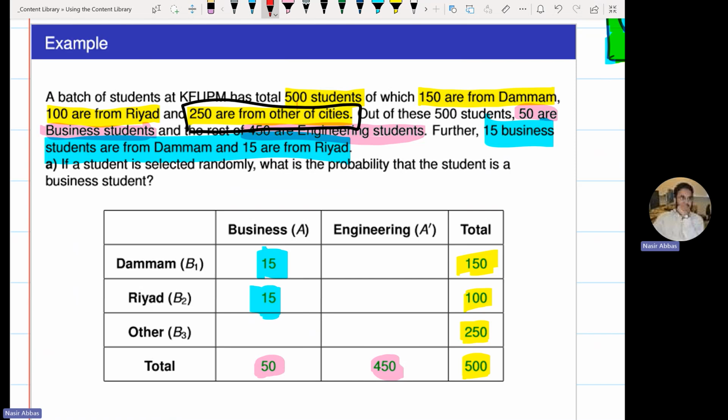How many students are from the MUM? Yes. Good. Somebody else. For Riyadh, okay, 85. Somebody else. Where? Here?